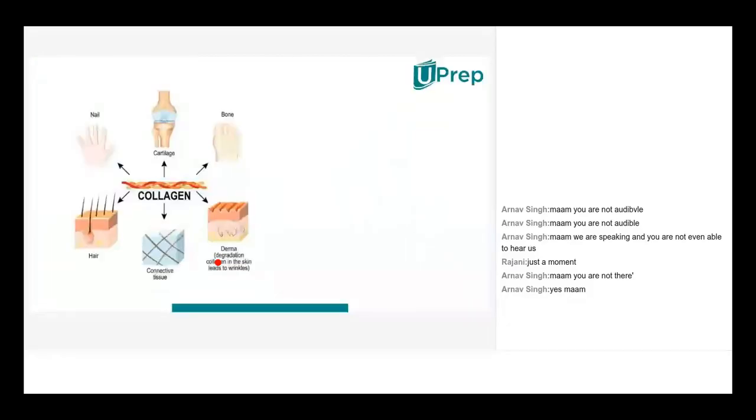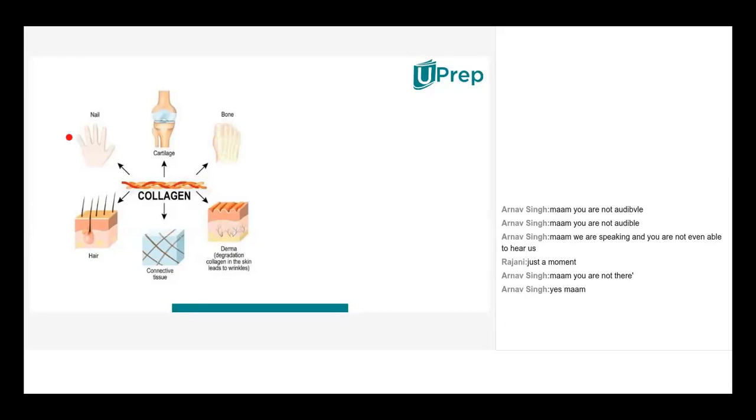Now, when you take the collagen, yes? Yes, ma'am. It's about the collagen material. See, wherever you find the collagen material, you'll find collagen in cartilage. We'll discuss cartilage in detail. In bone also, at the tips of nails, and even at the hair roots.